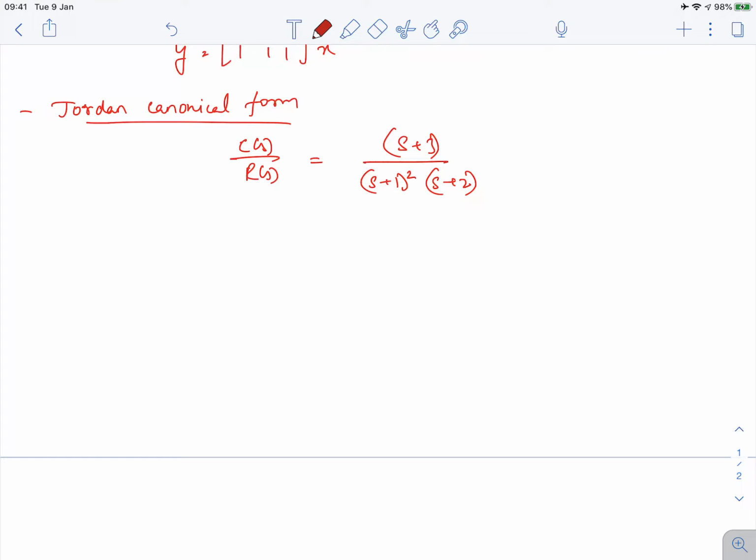So again, using the partial fraction, I can represent the above transfer function as C by R is equal to 2 by s plus 1 squared. You can do the partial fraction by yourself. Plus s plus 2.